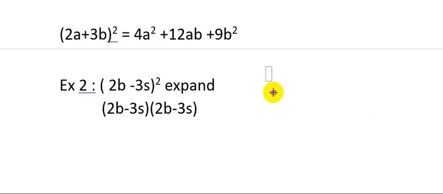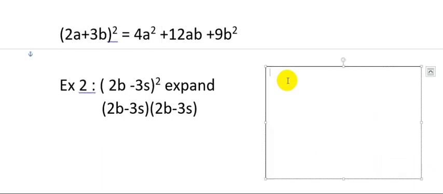So if I write the answer here in one line, as I mentioned earlier, the very first term is the square of the first term, which means the first term is 2b. So we take the square of the first term.